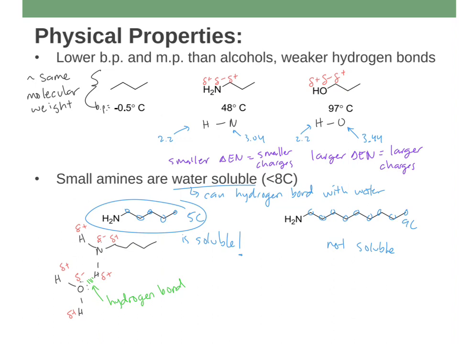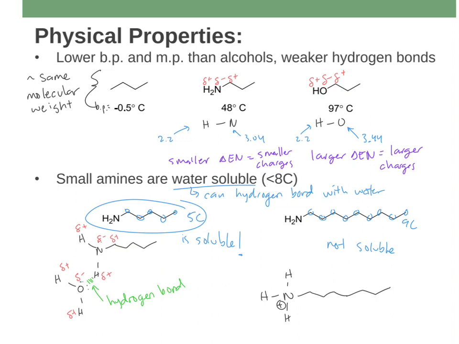Now, I might as well say this now, although we'll talk about it a little bit more in the next video. Amines are weak bases, and so if an amine is in a slightly acidic solution, it can get protonated, which means it's now going to bear a charge, and that will be more soluble.